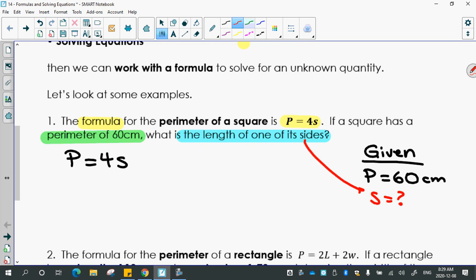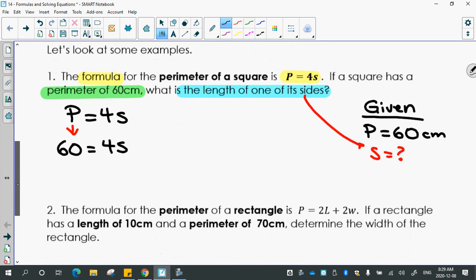So then I go back to my formula. P equals 4S. And I'm either going to replace P with a number or S with a number. And we've decided it's P. Leave units out of it, okay? So arrow down, you're going to replace P with 60, because we know the perimeter is 60 centimeters.